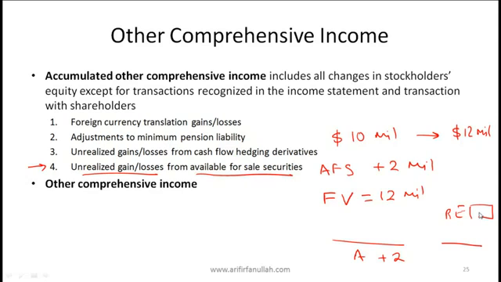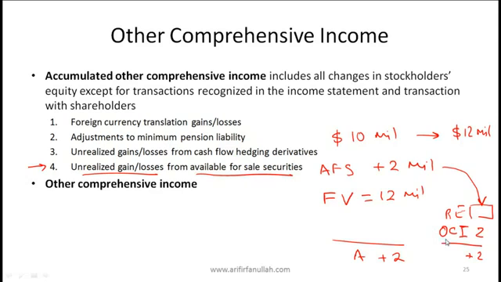Since this 2 million was not on the income statement, it does not show up over here. So that would potentially create a mismatch between our assets and liabilities. And to avoid that mismatch, we have this category called other comprehensive income, which is also a component of equity, where we show the 2 million. So now that 2 million gain will become part of equity through this subcategory called other comprehensive income.